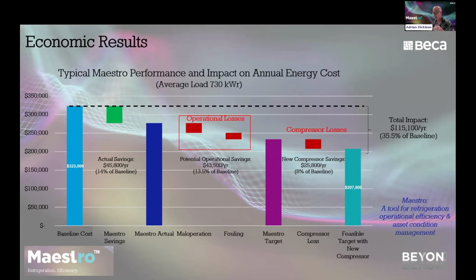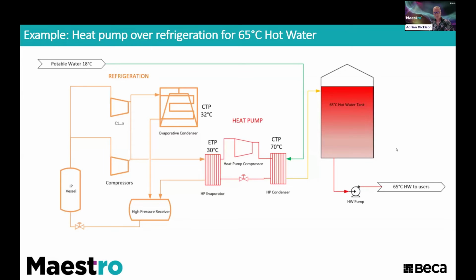At this load, the plant is relatively lightly loaded, so the compressors don't work too hard, so you don't get the big gas losses from leaky compressors because you've got lower pressure ratios typically. So we can see here that the feasible target with new compressors and good operation is about 35% power savings. So significant improvements available.